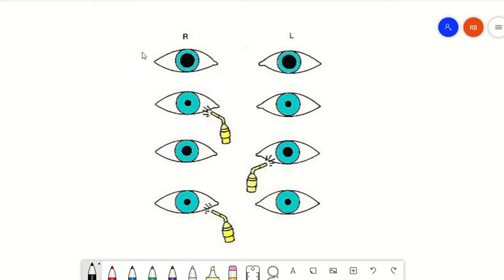And then you need to quickly swing the light. So this is what we've done: we shine a light in one eye, and in this instance, both pupils have constricted. That means the right eye's afferent pathway must be working okay. So that must be the normal eye.